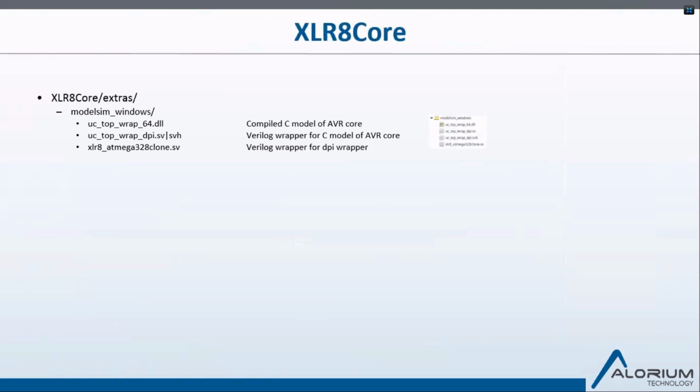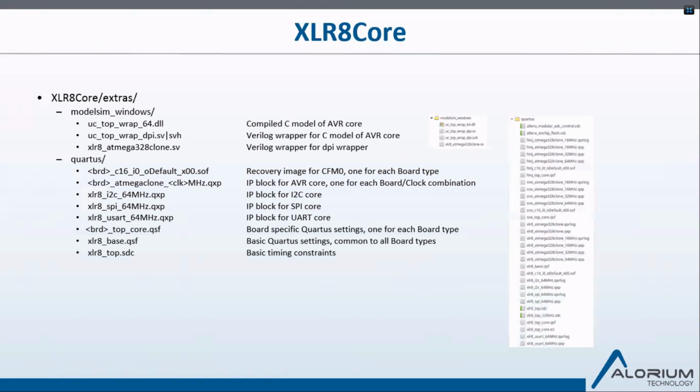The other library that's required is the Accelerate core. As I said, this contains all the libraries, IP blocks, and source files that are needed for any of the OpenXLR8 implementations, a set of common files. And again, we're using that extras directory, and in there we've got a ModelSim Windows directory that contains files to support simulation.